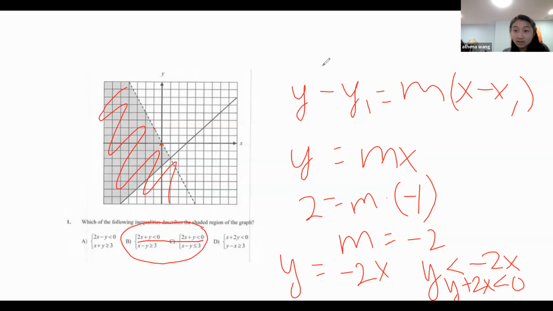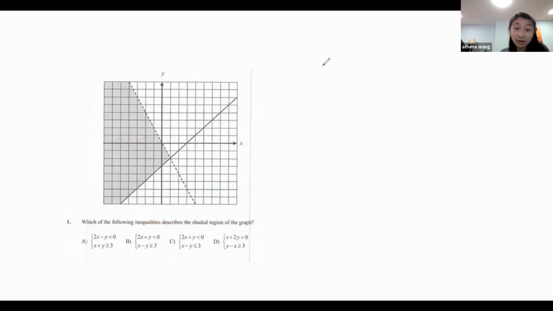Okay, so now we can try to narrow it down using the other graph. We have that this one passes through (0, -3), and this one passes through (3, 0). So we use the point slope form again. Let's take (0, -3) first, because we always have to have the y first.